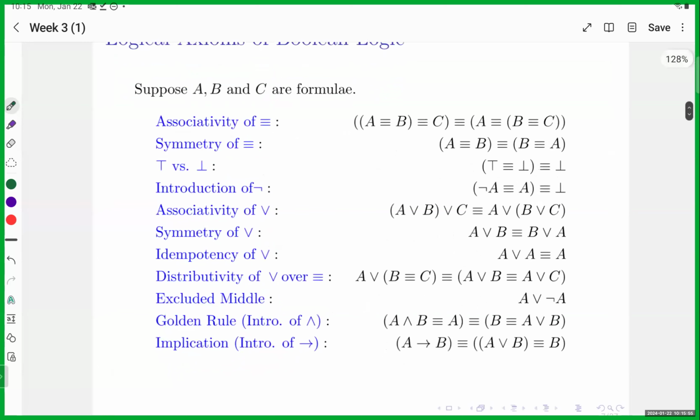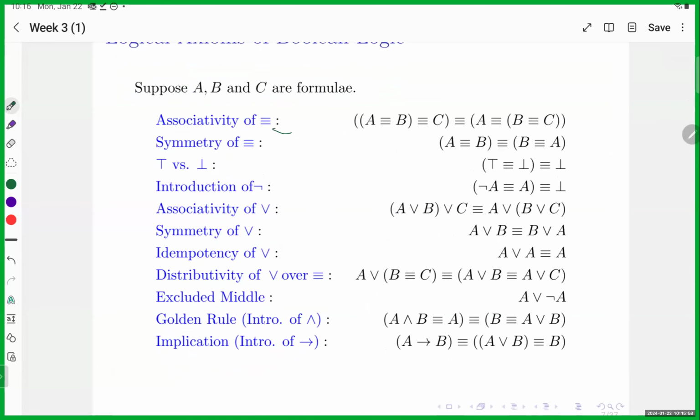The first one is the associativity of the equivalence, which essentially says the operation of equivalence is associative, meaning that if you have the formula A is equivalent to B is equivalent to C, right? So this operation A equivalent to B gives you a formula which is equivalent to C. This formula is equivalent to A is equivalent to the formula B is equivalent to C, right?